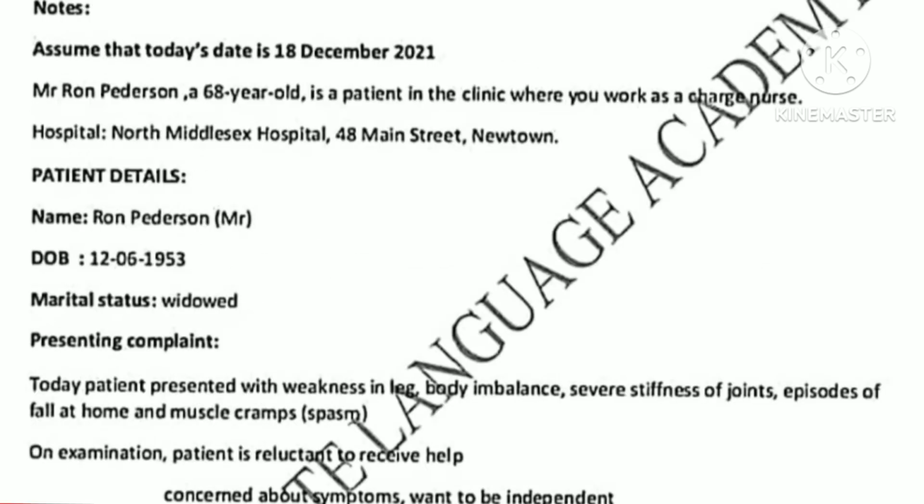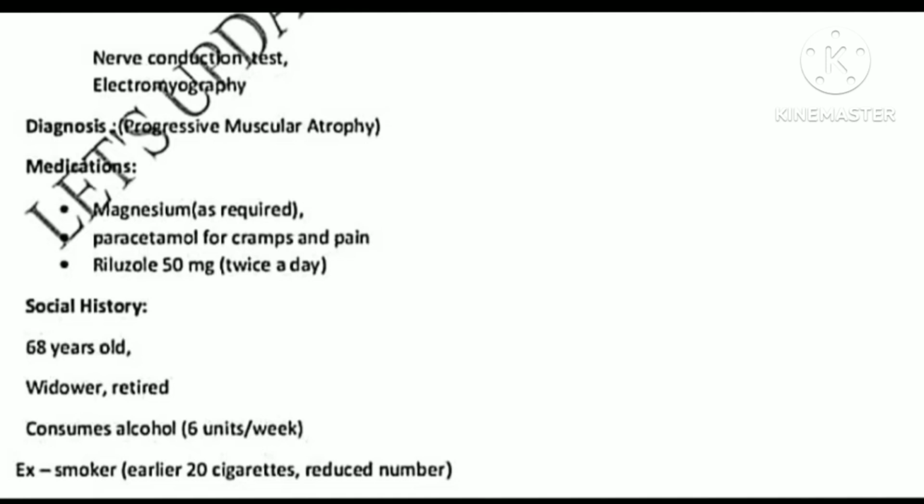First, how the patient came, then what all things they have done in the hospital, which is mentioned. He first came with weakness in the body, in the leg, then an imbalanced body, then they did the nerve conduction test and electromyography, and the diagnosis was progressive muscular atrophy. Then medications given: magnesium, paracetamol and riluzole.